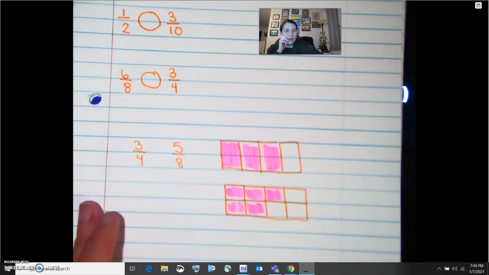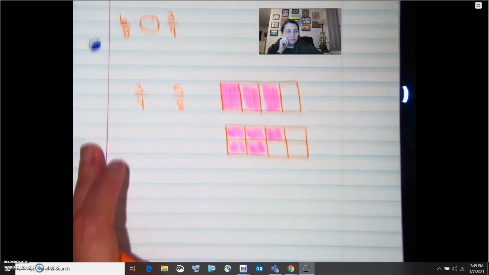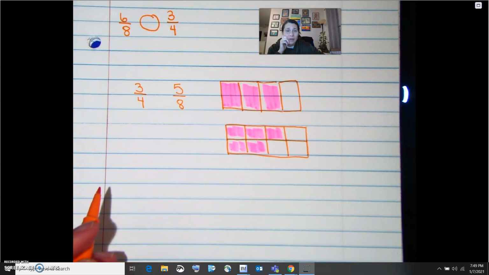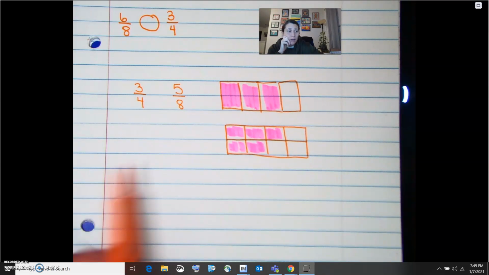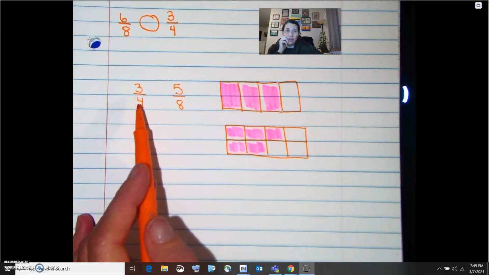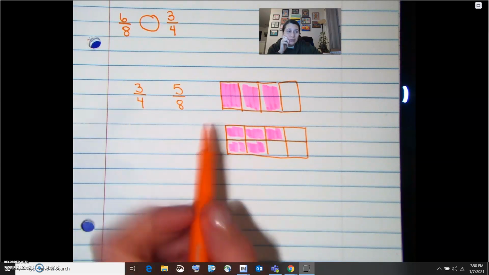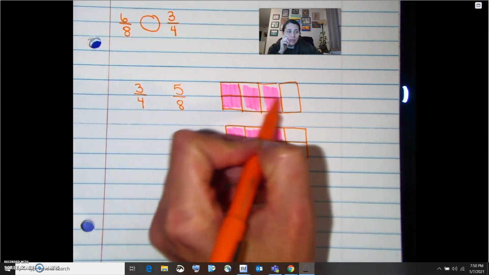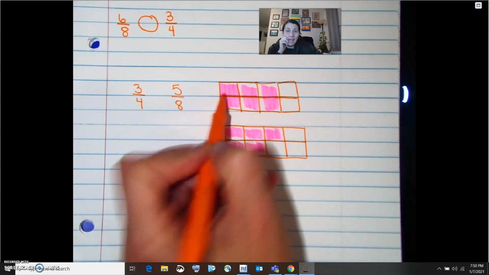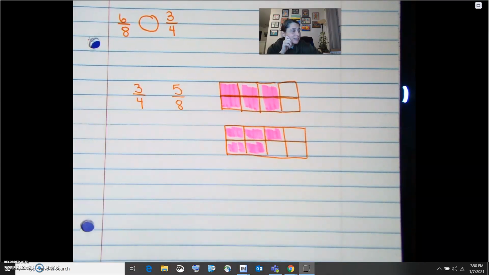So when we're doing that with our common denominator, all we're doing is making it, because we don't always have the pictures, they're not always easy to draw, we're going to change our 3/4 to eighths. I'm going to draw this right here. Now this has eighths, doesn't it?